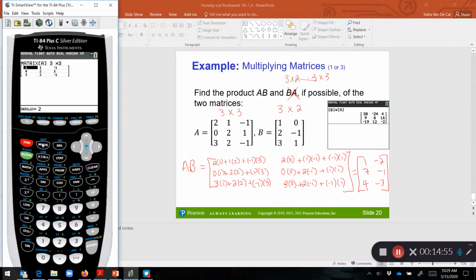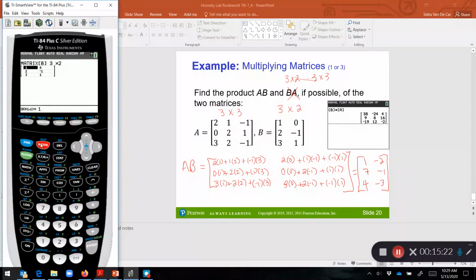And quit out of there. Then second matrix, edit, and its dimensions are 3 by 2. And it goes 1, 1, 0, 2, negative 1, 3, positive 1.